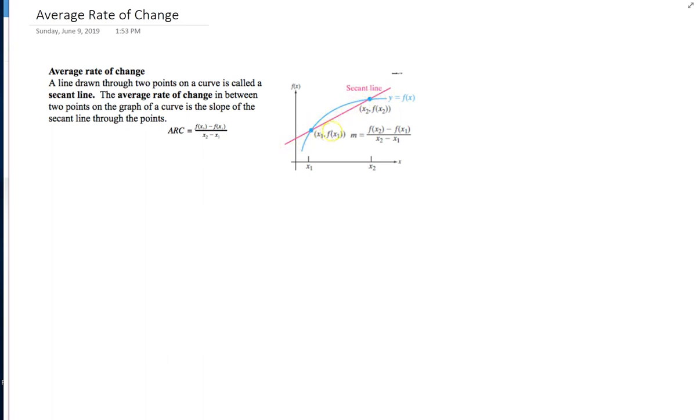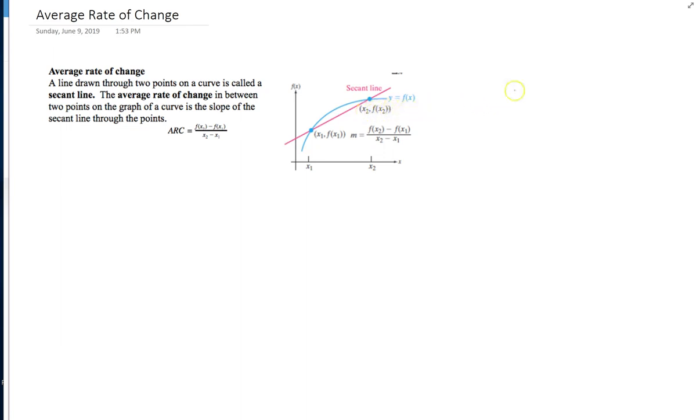Originally, it was x sub 1, y sub 1. Now, because we're using y is equal to f of x, we slightly rename that point to be x sub 1, f of x sub 1. And the second point, x sub 2, f of x sub 2.